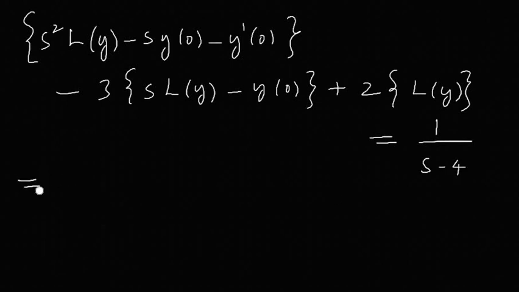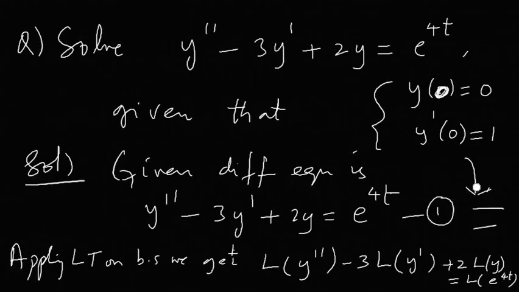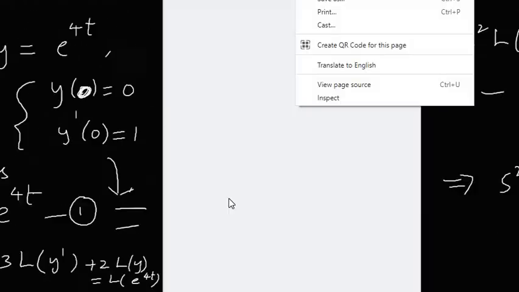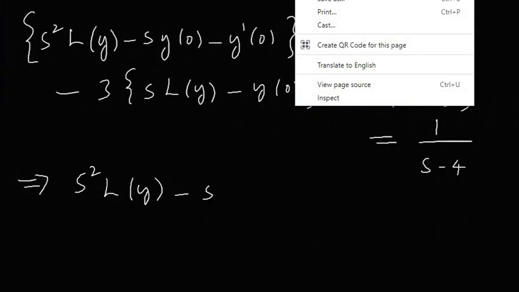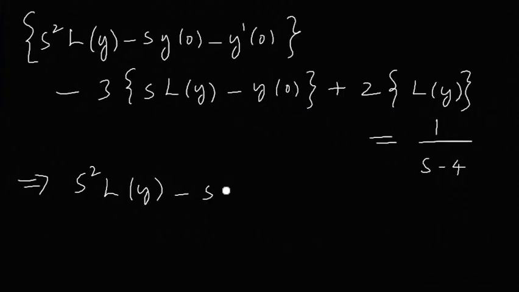Now, substituting those conditions, what we get? s square into L of y minus s into y of 0, which is given as 0. I'm not writing it in this way, somebody may feel it is to be calculated at 0.